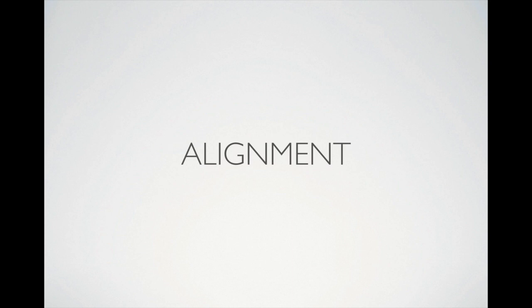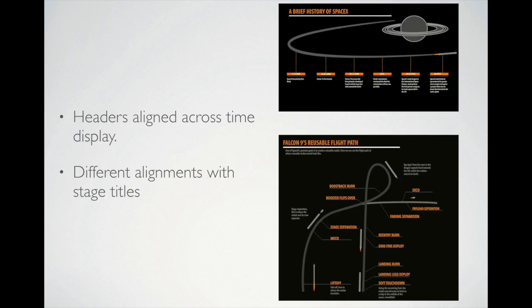Last up is alignment, something that's very important to the infographic, but very small. Alignment has to do with visual elements, textual elements, numerical elements, any sort of thing that can be seen and aligned relative to something else. I brought two really prominent examples of alignment on display here.